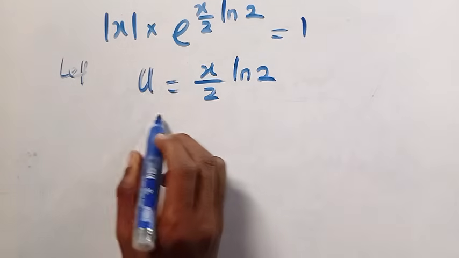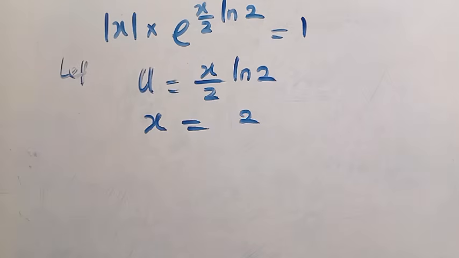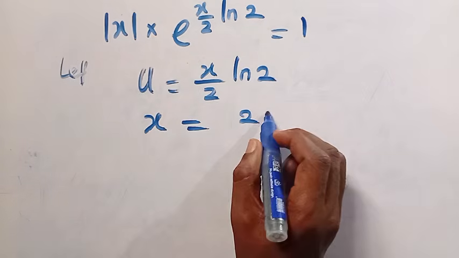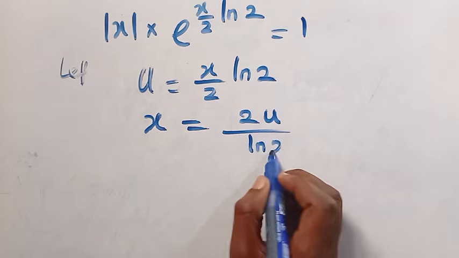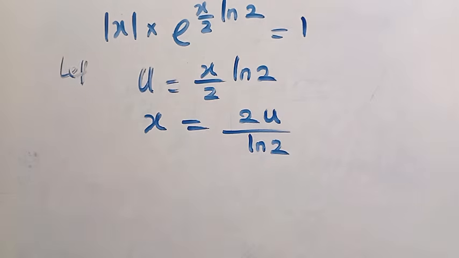We are going to have x equals 2u divided by ln 2. That's what we have when we make x the subject of the formula.